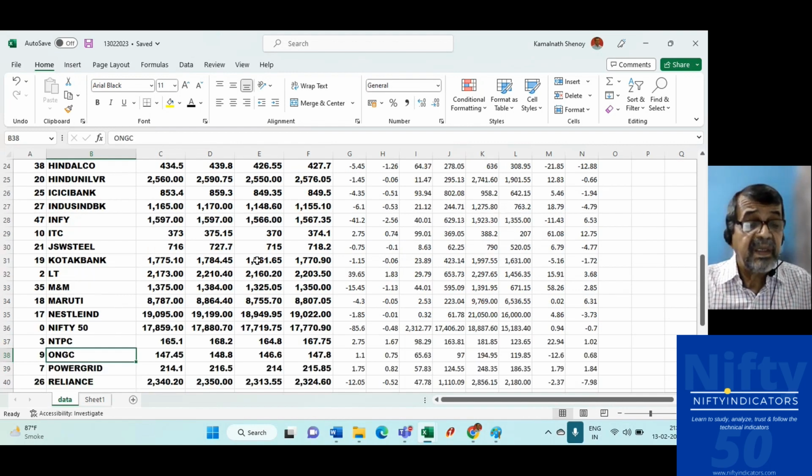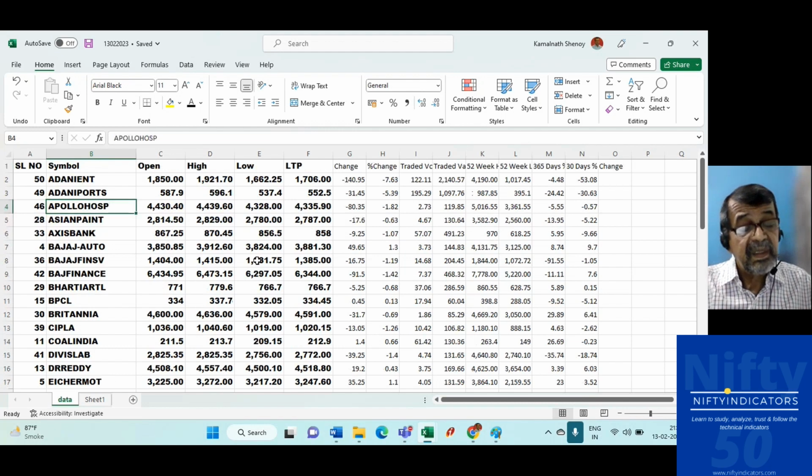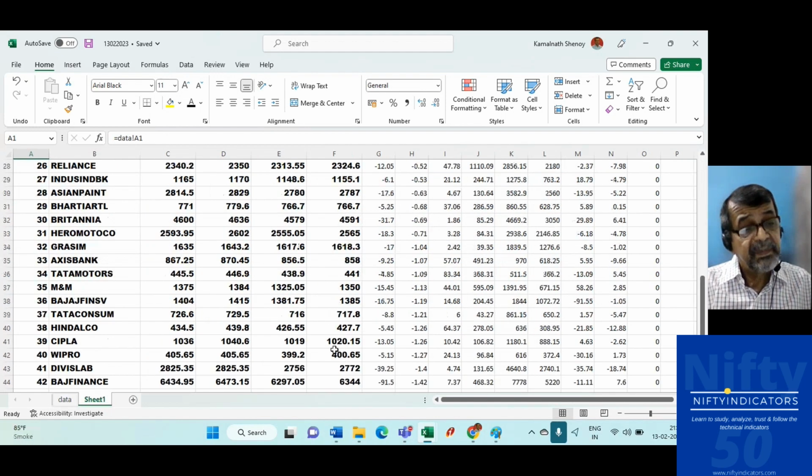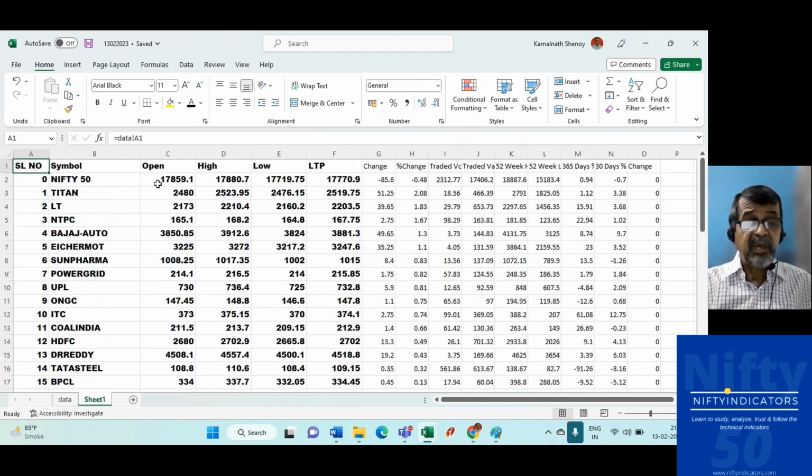These are the Nifty components. They are in alphabetical order here. And if you want to have a look at the profitability, the top line, of course, the top row is Nifty. Otherwise, it's the highest gainer, slowly going down and ending with the highest loser.